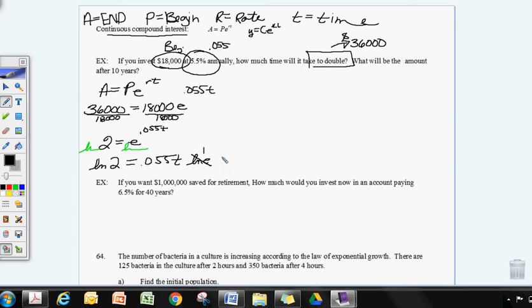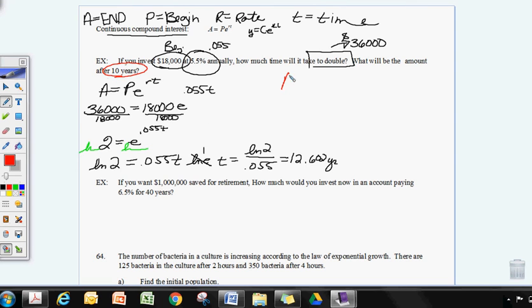So how much time would it take to double my money? Whatever the natural log of 2 is, divide it by 0.055 on my calculator, and when I work that out, it should come out to be 12.602 years.